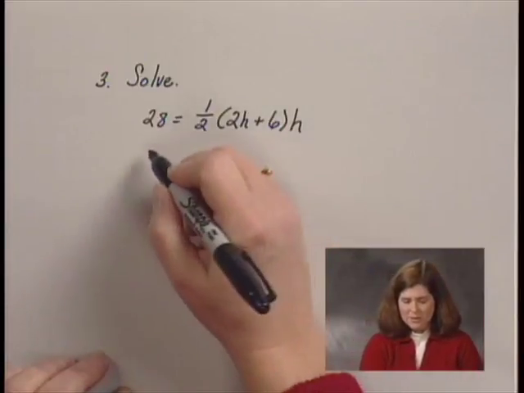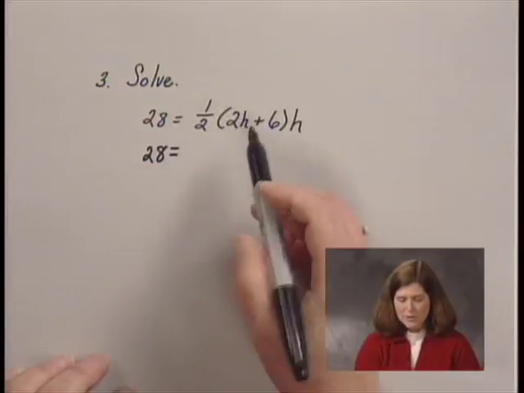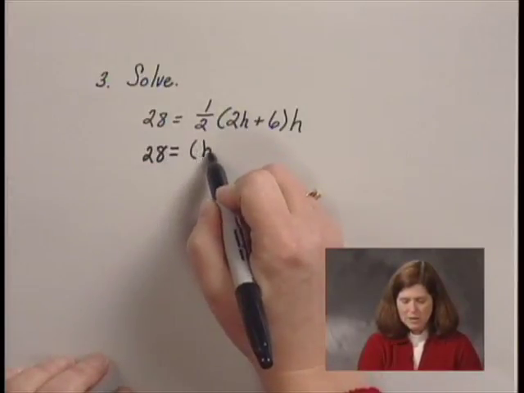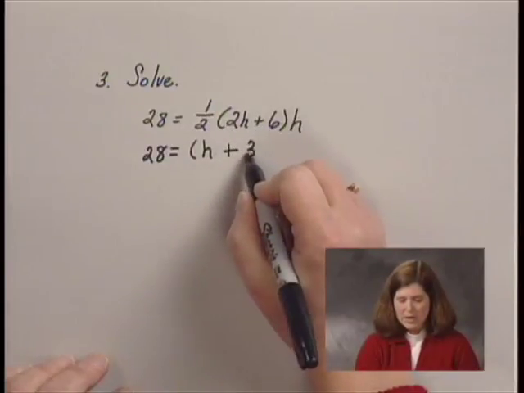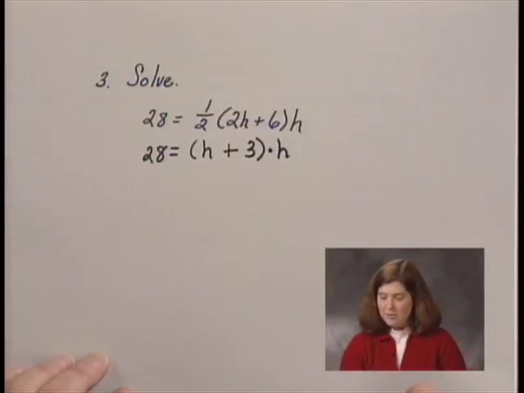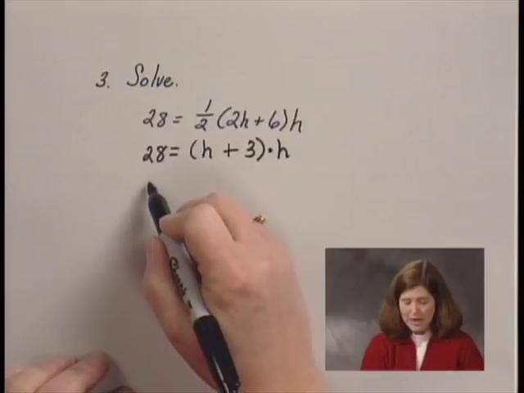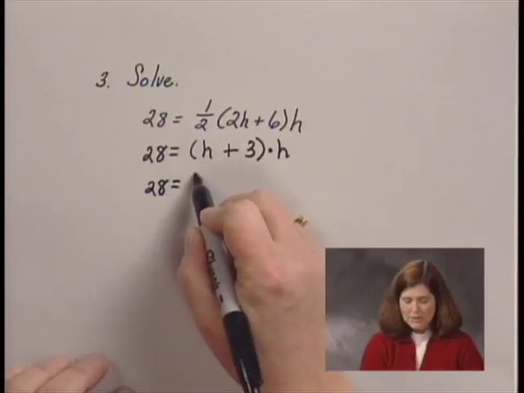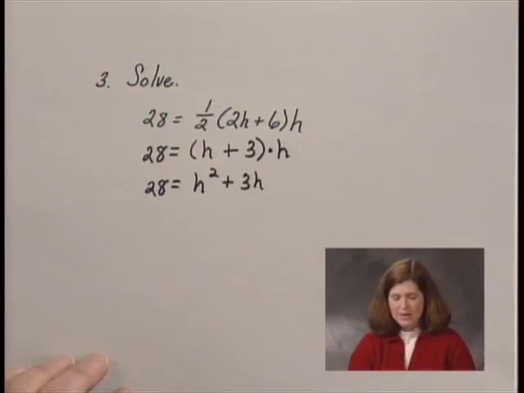So I'm going to do that first. All right, 28 equals 1/2 times 2h would be h, plus 1/2 times 6 would be 3, and I still have that multiplied by h. Then I multiply this through, and I have 28 equals h squared plus 3h.